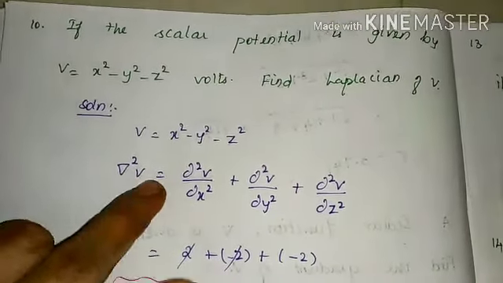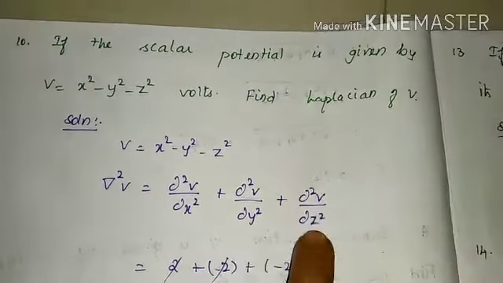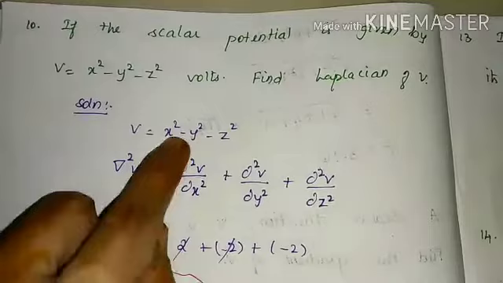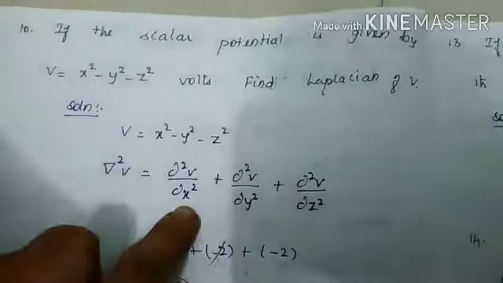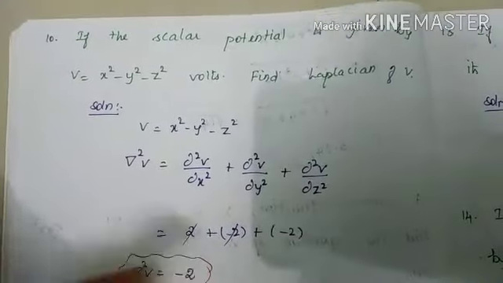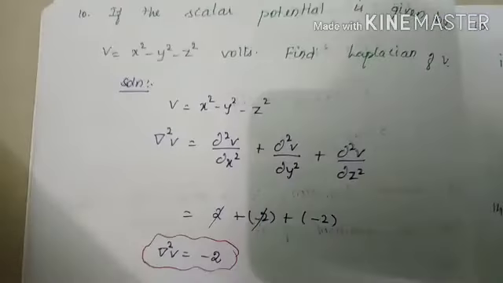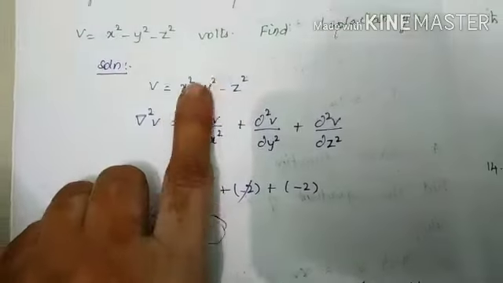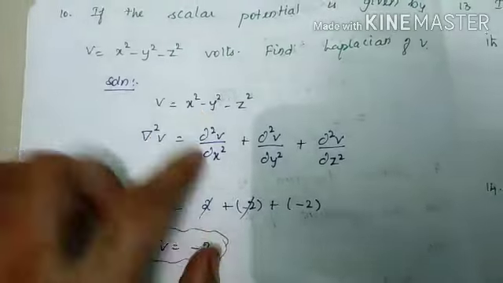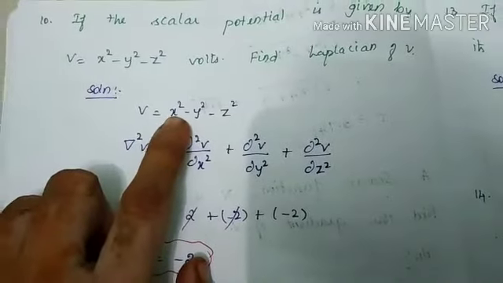So del squared v in the sense dou squared by dou x squared plus dou squared by dou y squared plus dou squared by dou z squared of this v value, right? So we differentiate v with respect to x twice, with respect to y twice, and with respect to z twice. After differentiating with respect to x, the first differentiation becomes 2x.